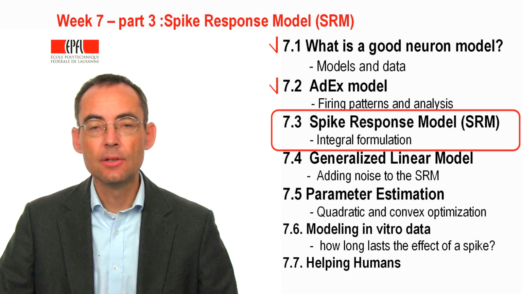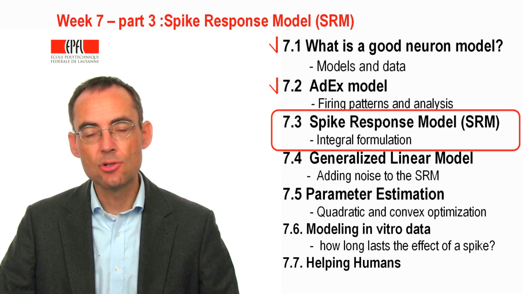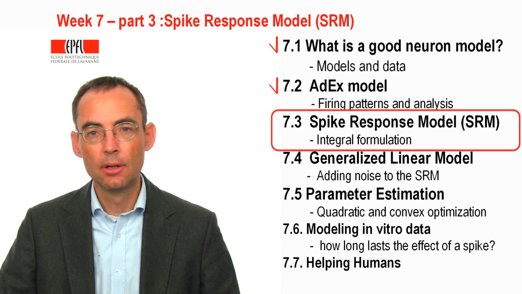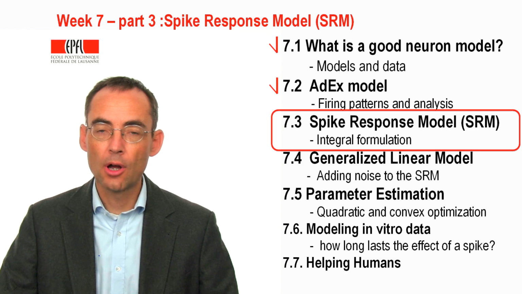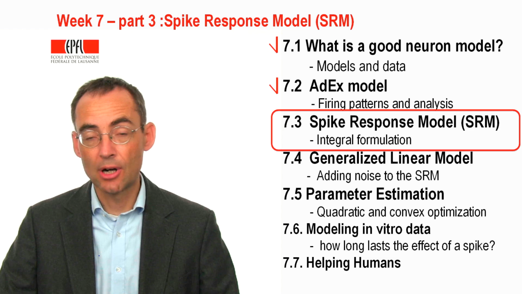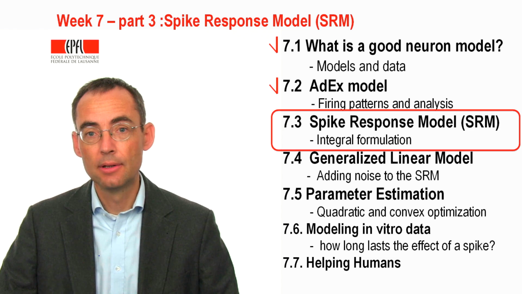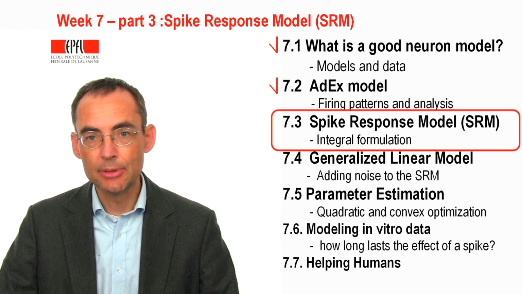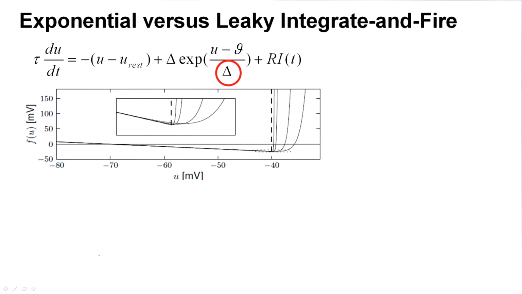We have seen that adaptation together with an exponential integrate-and-fire model can account for a variety of firing patterns, in particular for adaptation. Now let's move on and change the formulation a little bit. Let's focus for the moment on the exponential integrate-and-fire model.